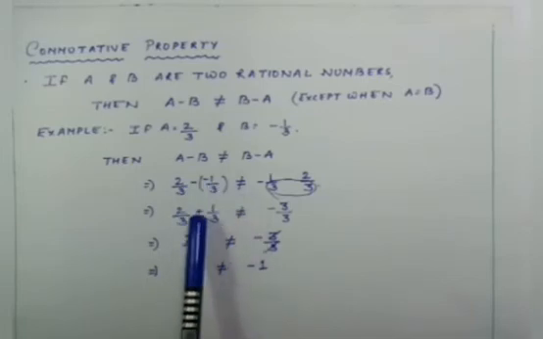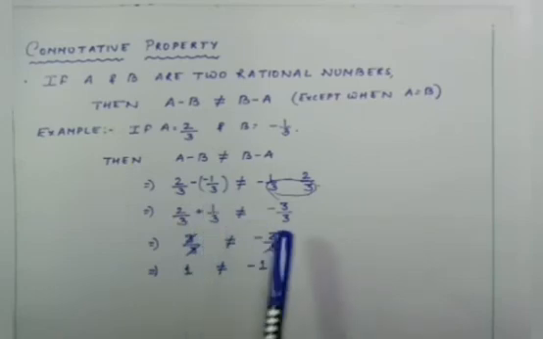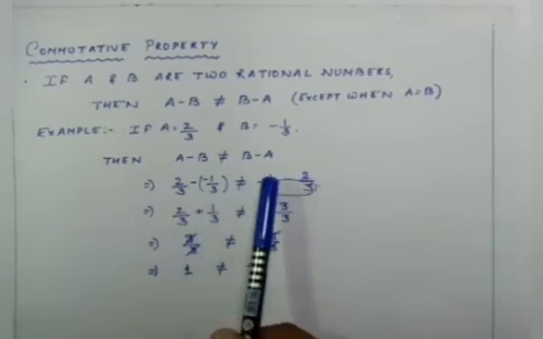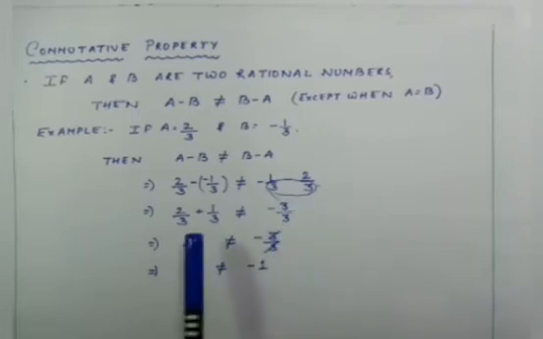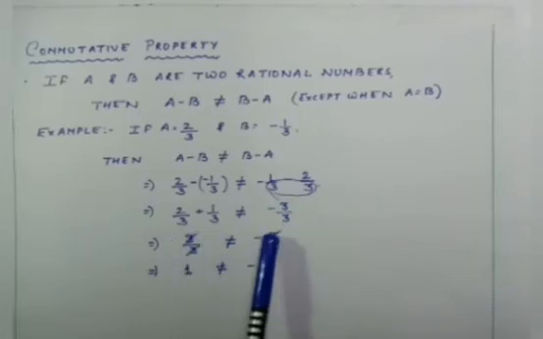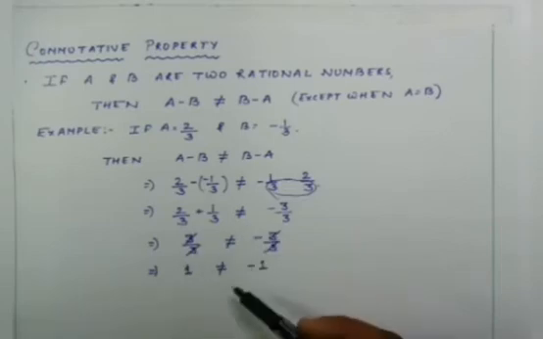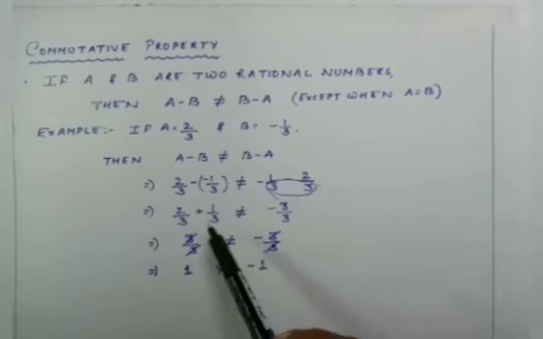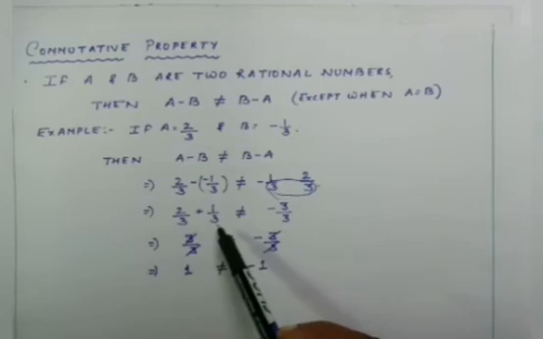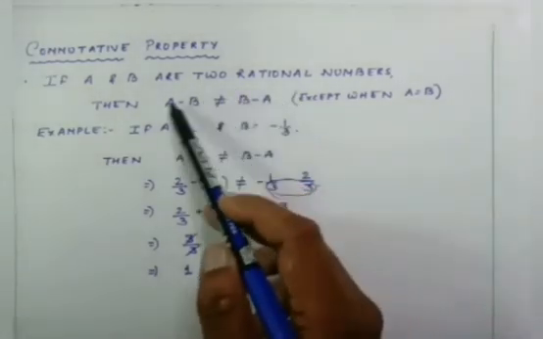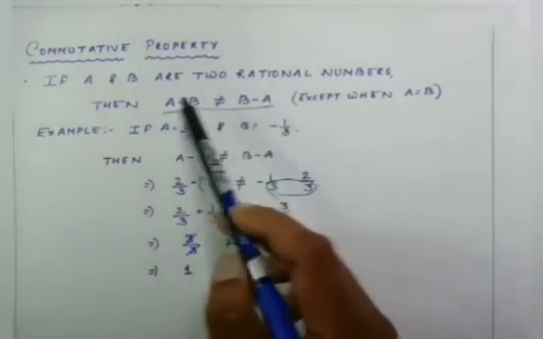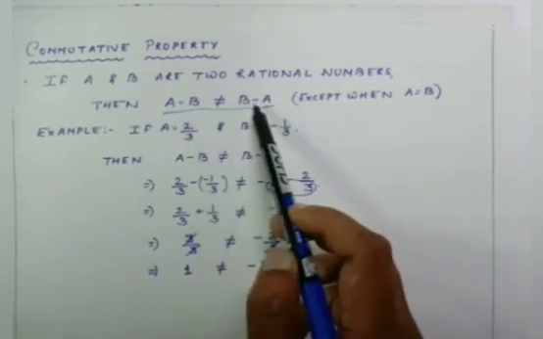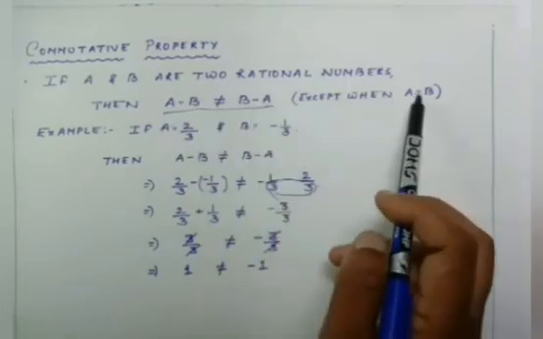So 2 upon 3 plus 1 upon 3 is not equal to minus 3 upon 3. It will be 3 upon 3 is not equal to minus 3 upon 3. 3 cancels on both sides. So what is left? 1 is not equal to minus 1. I hope it is clear to everyone. Only you have to keep it in mind: LHS is equal to RHS only when the condition a is equal to b holds. Is it clear?